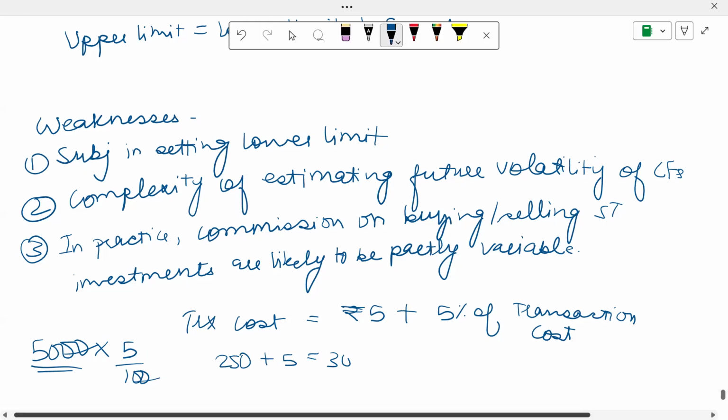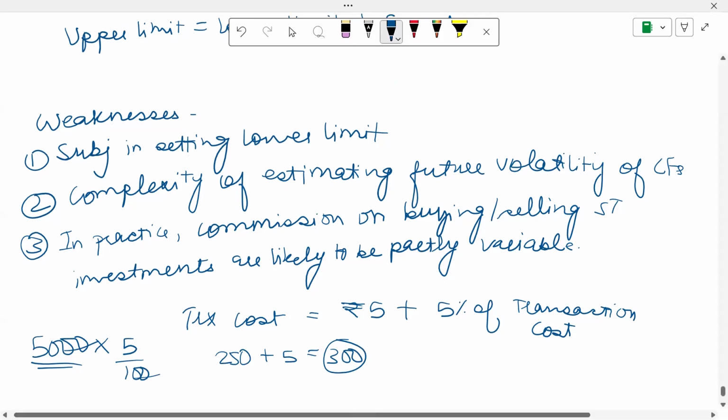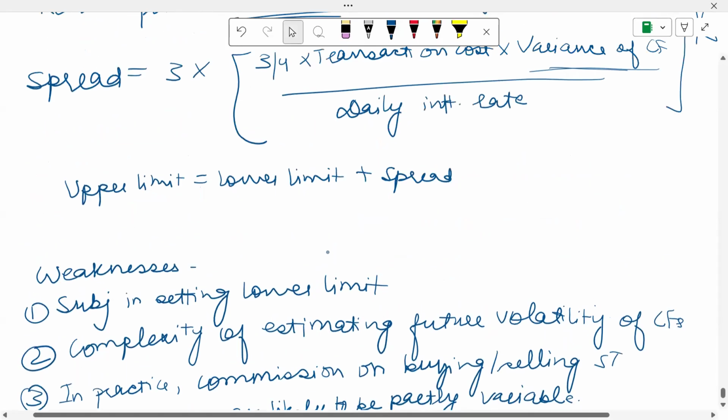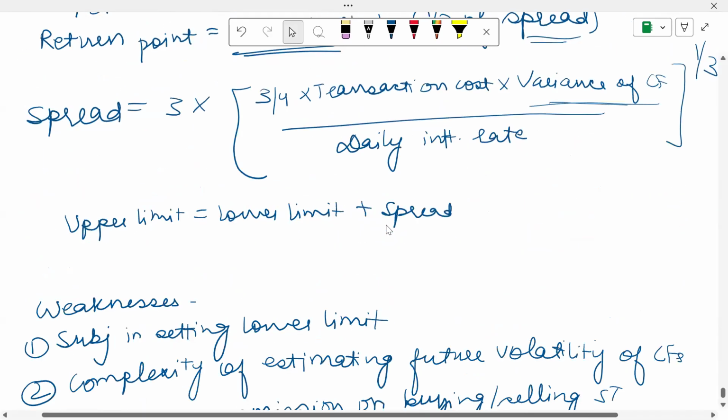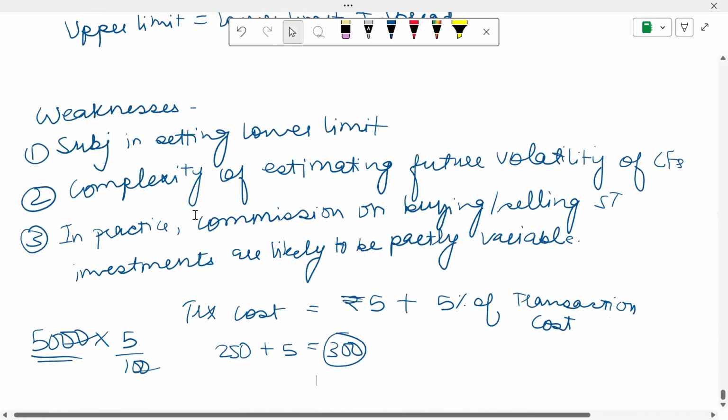So basically 300 is going to be the transaction charges that you pay on making this transaction. So that is what this weakness is telling: because they have assumed that there's going to be a fixed transaction charge on buying or selling of securities, this assumption may not hold true in practice. This is why this becomes a weakness of the model.